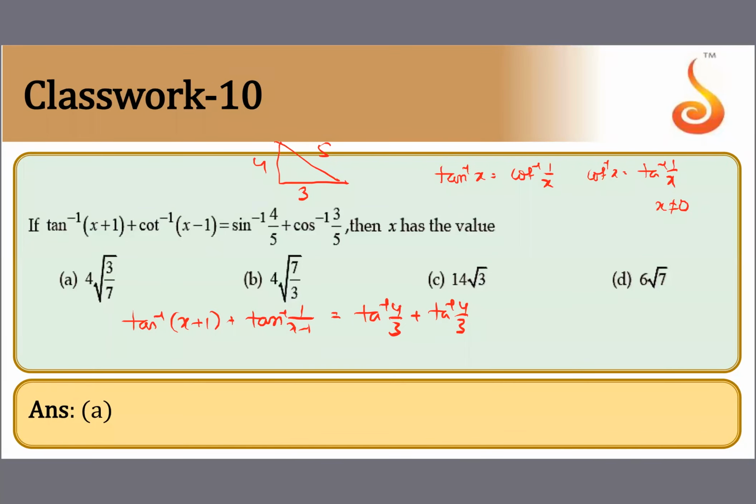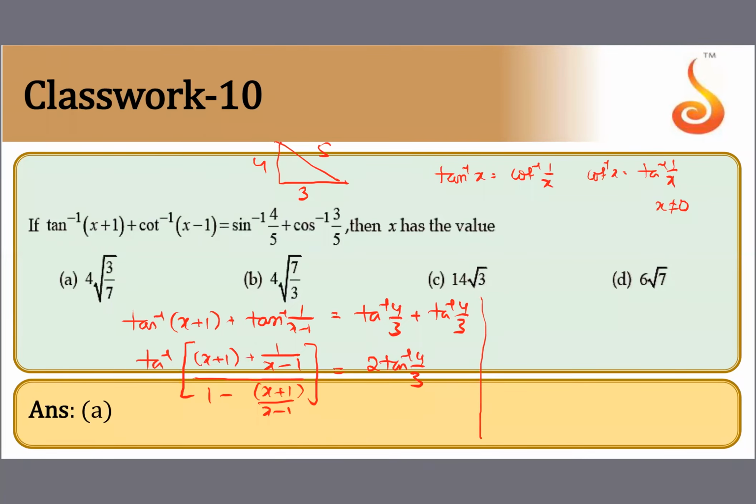So we get tan inverse of x plus 1 plus 1 by x minus 1 by 1 minus x plus 1 by x minus 1 is equal to 2 tan inverse 4 by 3.